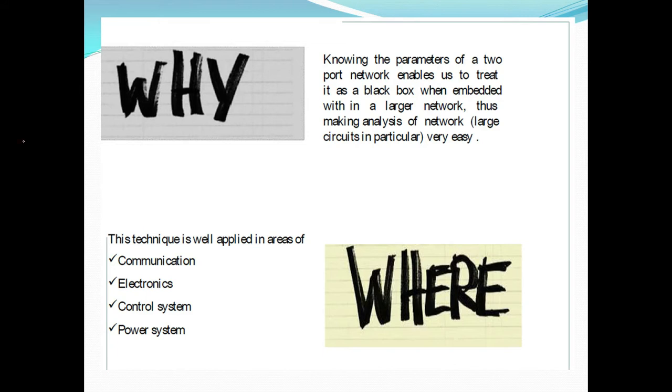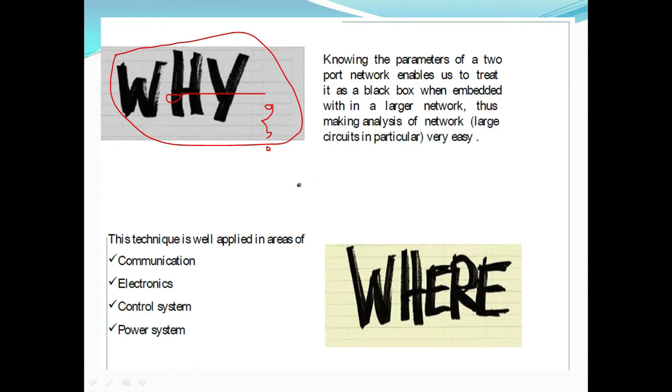That's why we need to learn the two-port network.